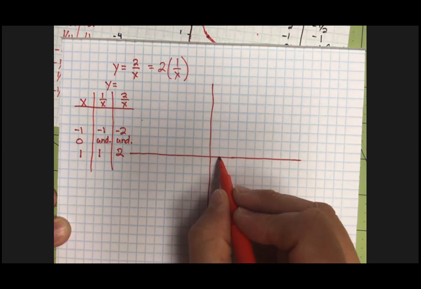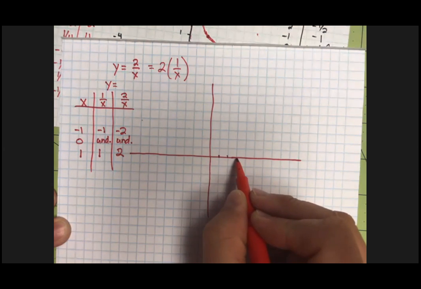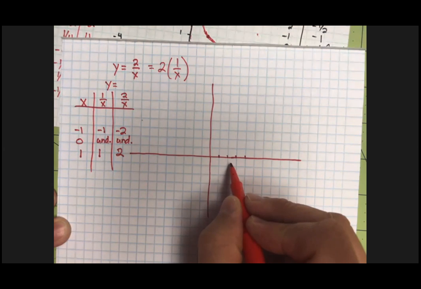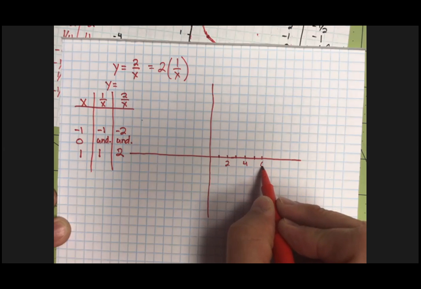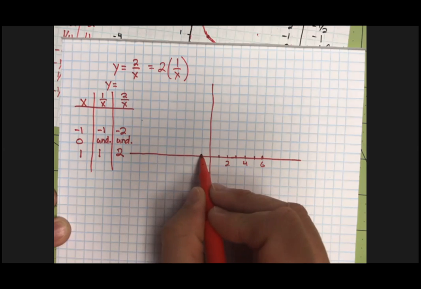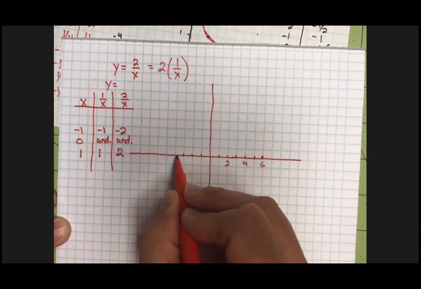Now, in order to draw that nicely, I think I might have to shrink my scale. And even that might be not good enough. So we'll just do the best we can do.